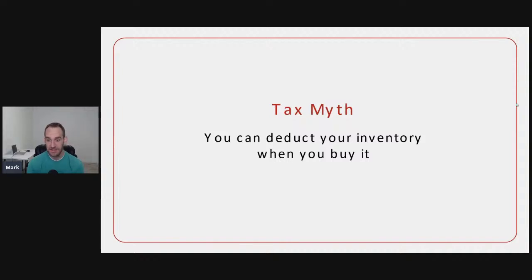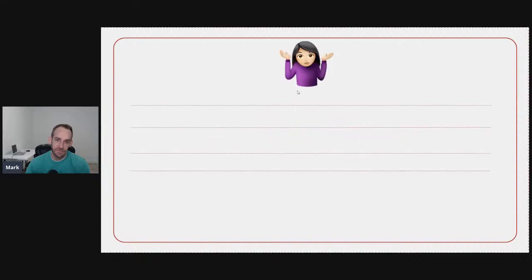So now, if you meet certain guidelines, you can deduct your inventory when you purchase it rather than having to wait until you sell it. And that made things a little bit confusing. And so I really like this slide.